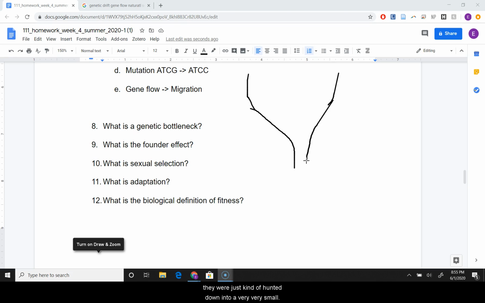They were hunted down to a very small proportion of their original size, and there's very little genetic diversity left. I think I said this in the lecture that I recorded in class: for cheetahs, no two cheetahs are more distantly related to one another than cousins, which is pretty wild.